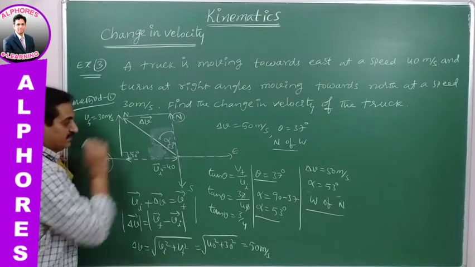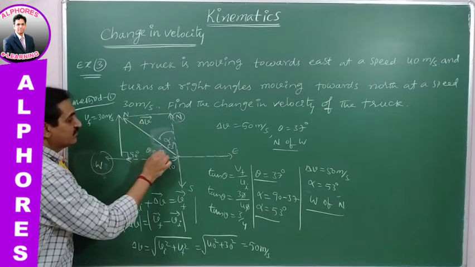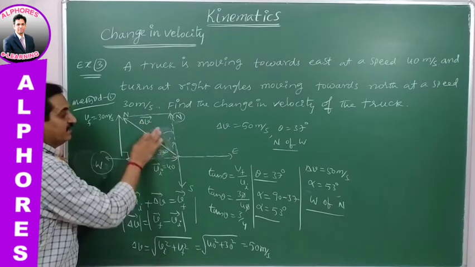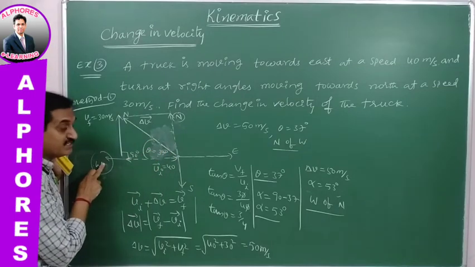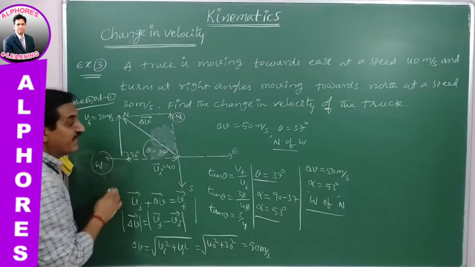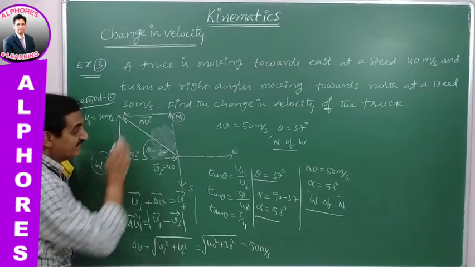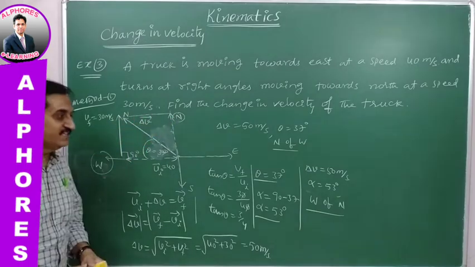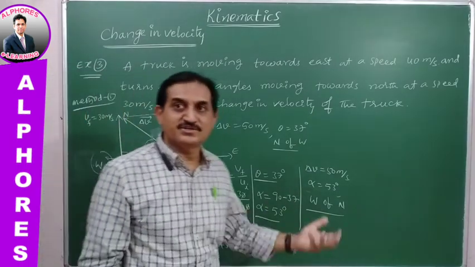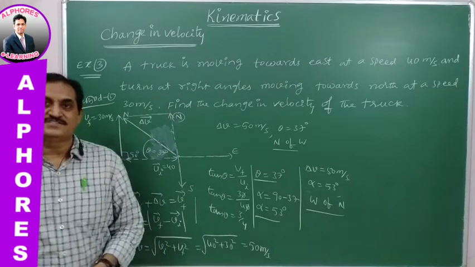Suppose theta equals 37 degree, making an angle of 37 degree with west; priority goes to north while giving the name, that is north of west. Like this we can decide the direction of change in velocity.